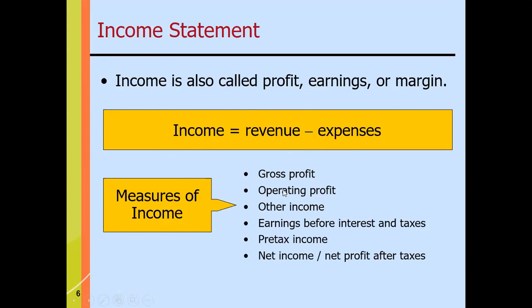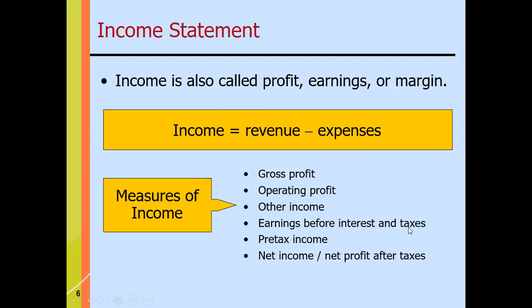Other income would be sources of income other than the main line of operations of a business. So for example, if the business is a retail business, there may be some additional income, like interest earned from deposits made to the bank, or interest income for loans extended to certain entities or employees or people, so that's under other income. Then earnings before interest and taxes, or EBIT, is before the deduction of interest and taxes.